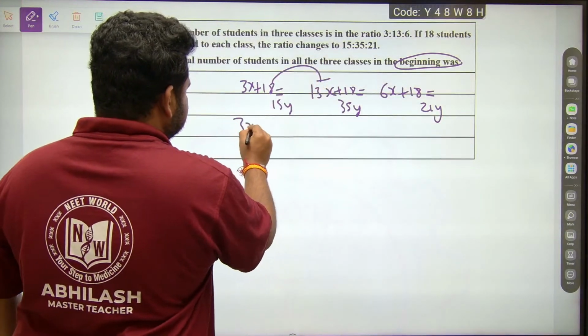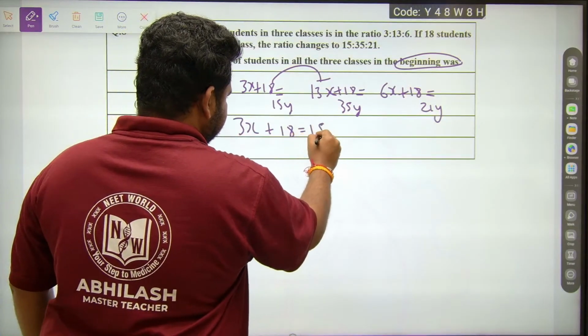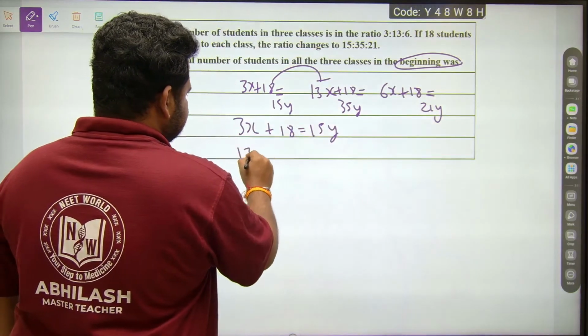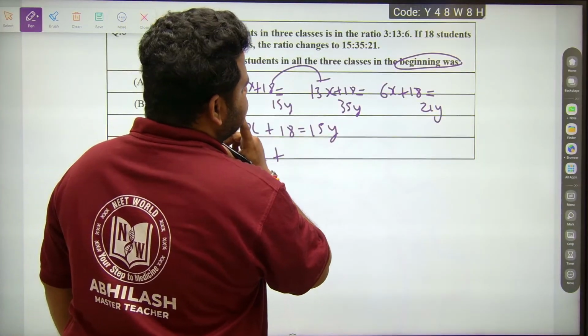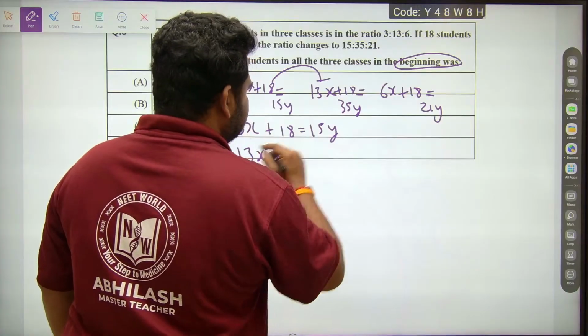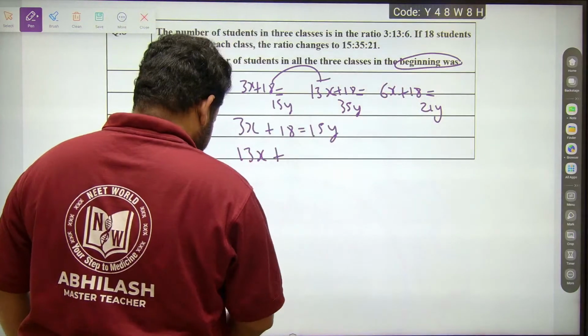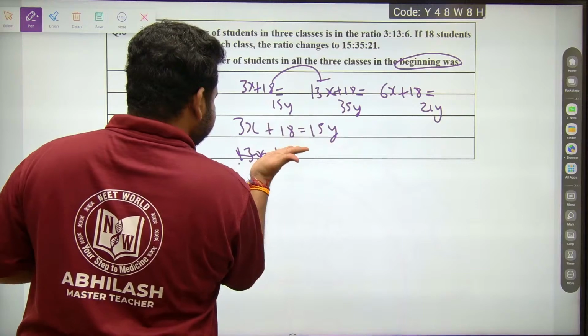So 3x plus 18 is equal to 15y. Then 13x plus, any simple equation I can take, correct? No, the third one is easy, I can take that.